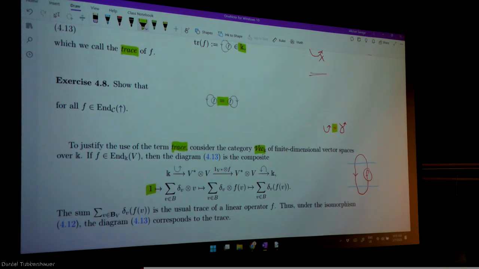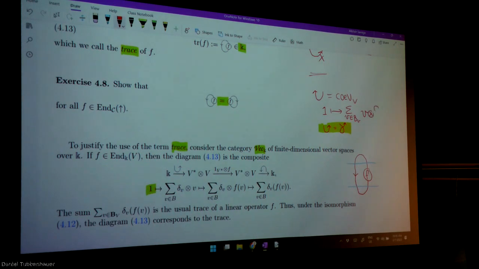Well, remember the definition of our cup: when we originally looked at vector spaces, we defined the left cup to be this co-evaluation map, which took 1 to the sum over a basis of V tensor V dual. That was our co-evaluation. But here we have the right cup, and that's just the left cup followed by this crossing.